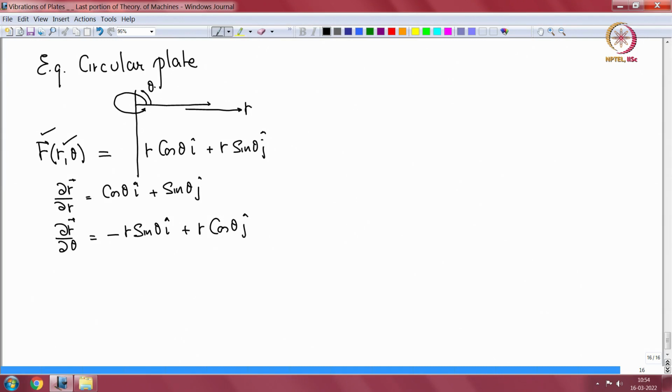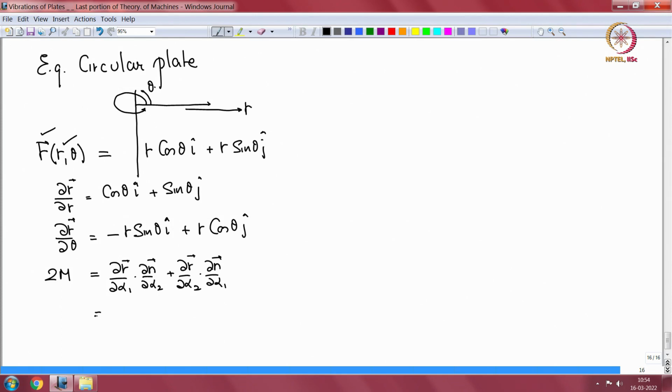Now if we look at twice M, which is del r del alpha 1 dotted with del n del alpha 2 plus del r del alpha 2 dotted with del n del alpha 1.